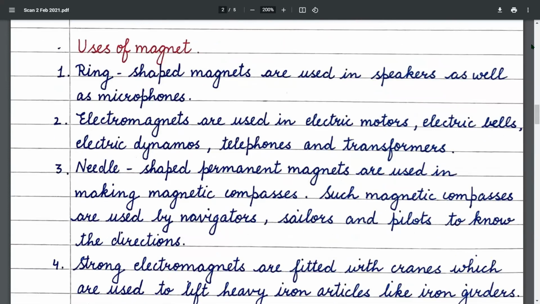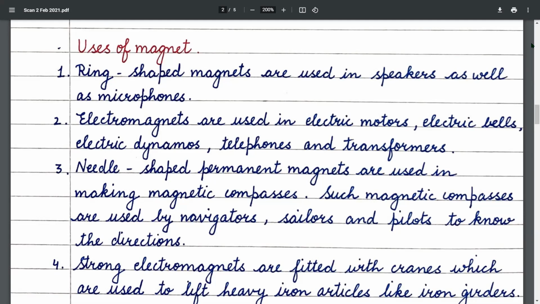Now, let's talk about the uses of magnets. Number one, ring-shaped magnets are used in speakers as well as microphones. Number two, electromagnets are used in electric motors, electric bells, electric dynamos, telephones, and transformers.